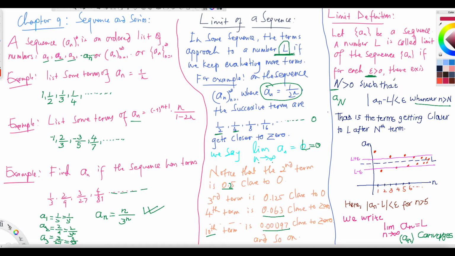For example, suppose that epsilon is 0.1. If you find the terms a1, a2, a3, a4, a5, a6 and so on, then after certain terms, all the terms of this sequence will be within 0.1 distance from 0, from L, within epsilon distance from L.